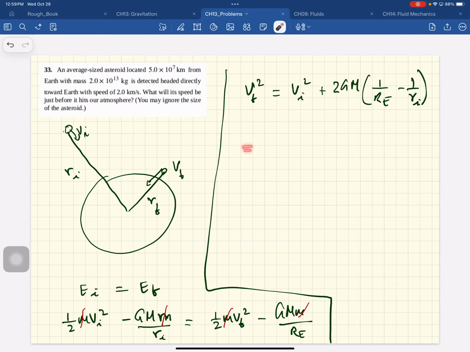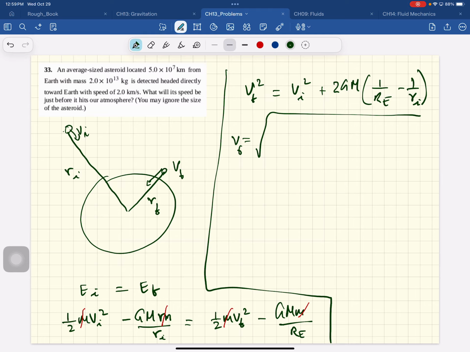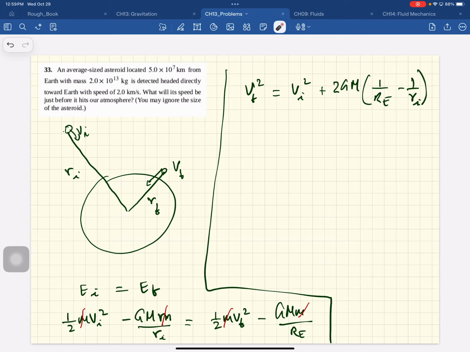Okay, so final velocity is square root of this. Initial velocity is 2 times 10 to the 3 square plus 2 times 6.67 into 10 to the minus 11. Mass of the Earth is, actually, let me do, I don't want to make a mess here. Let me do one thing at a time. Let's calculate this term first. So let's calculate just that term. 2 GM times 1 over re minus 1 over r initial.